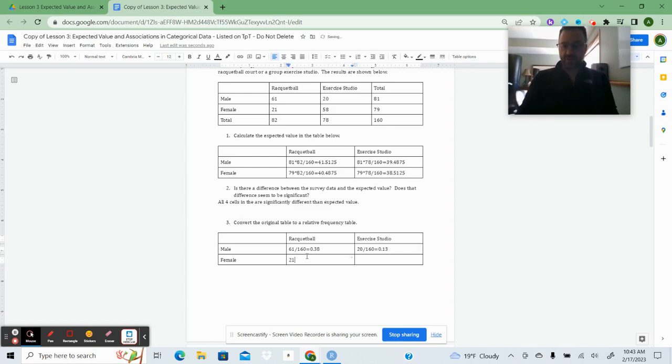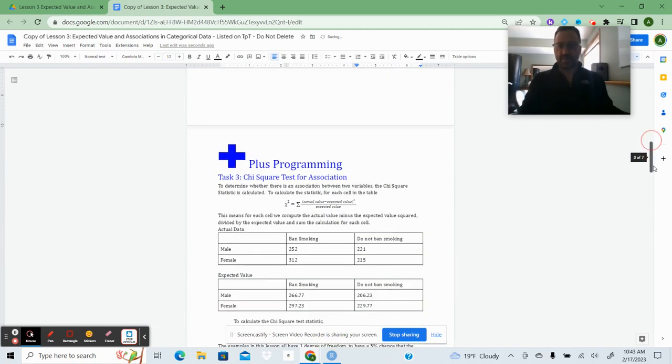And then here, this would be 21 divided by 160. And that gives us 0.13. And then here, this would be 58 divided by 160, which is about 0.36. So that's just to practice making a relative frequency table.